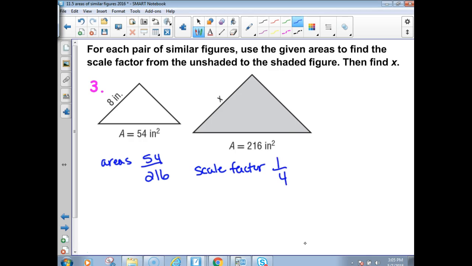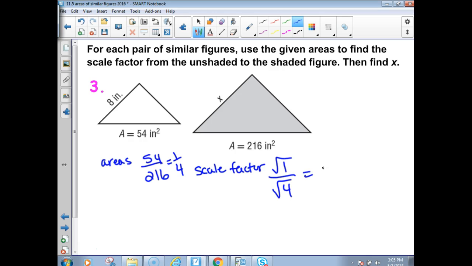Oh, excuse me. It's not 1 to 4 yet. I just wrote that in the wrong place. My bad. I need to write this equals 1 to 4. The ratio of the areas is 1 to 4. Now, scale factor, you'd have to unsquare those. So it's going to be the square root of 1 to the square root of 4.